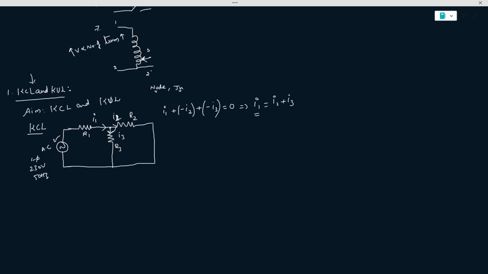So to nullify this, I need to have control over the voltage. For that, I need a variable AC. Variable AC means initially the voltage is zero.